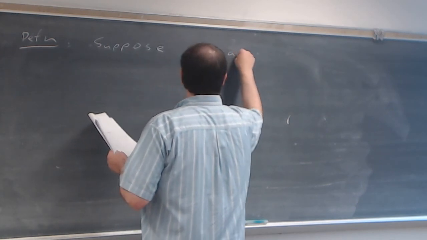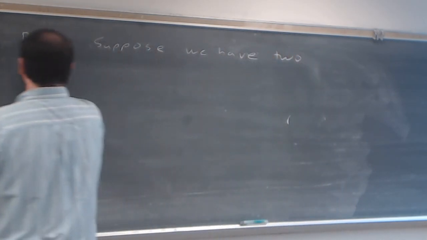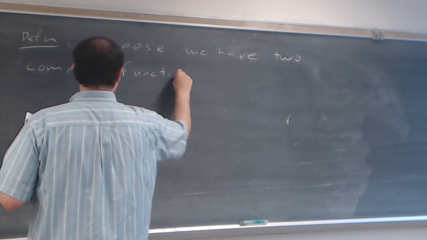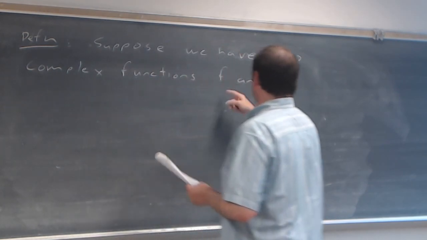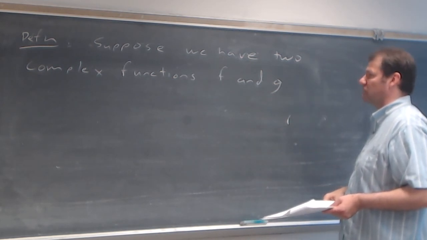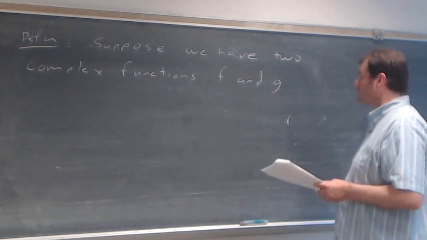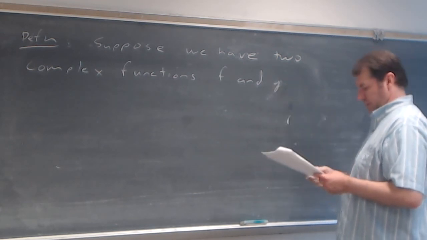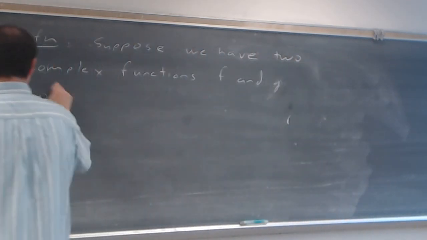Suppose we have two complex functions f and g. What do we mean by complex? They grab input values and yield output values that are complex values. They may grab input values that aren't complex values, but what they output are complex numbers. Both defined on E.